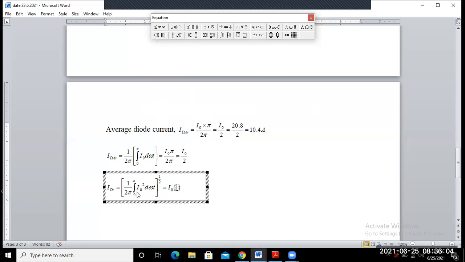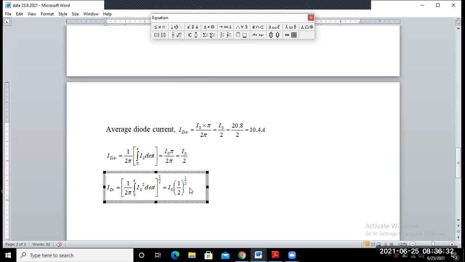So 1 by 2 to the power 1 by 2, that means the square root of 1 by 2.